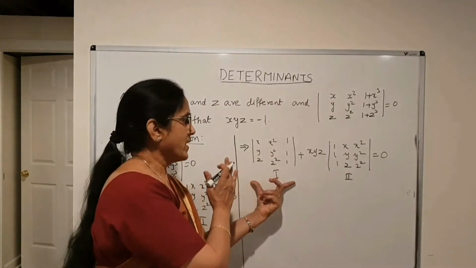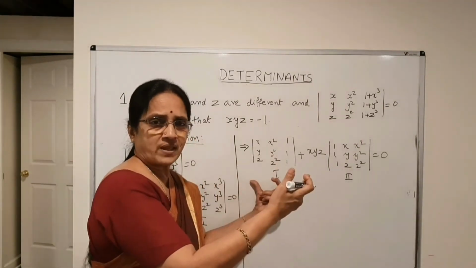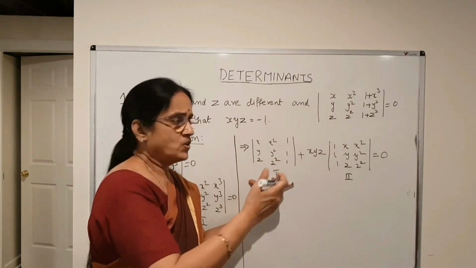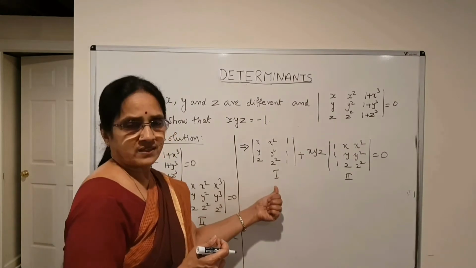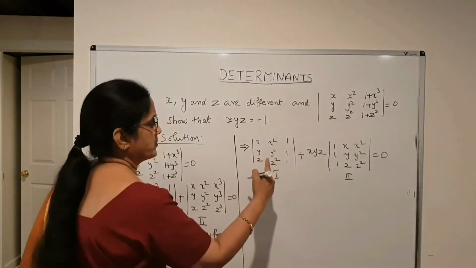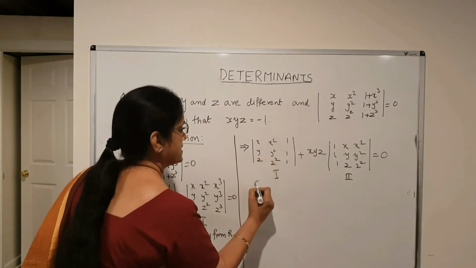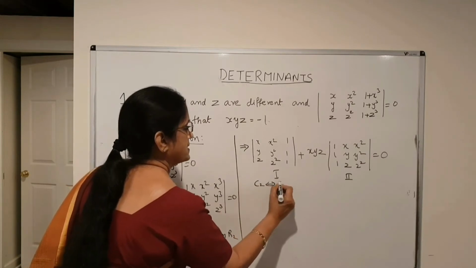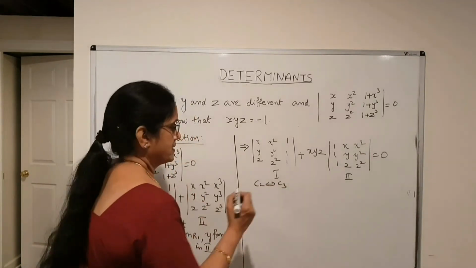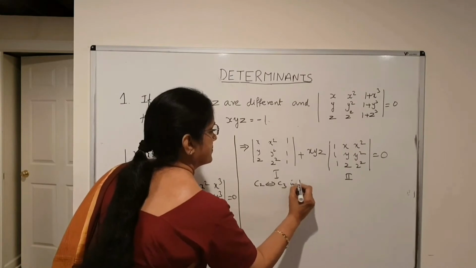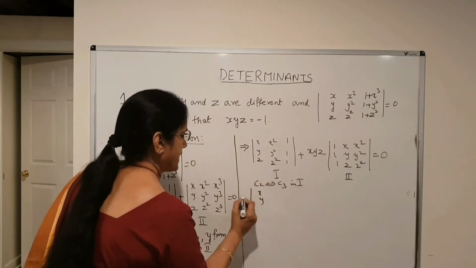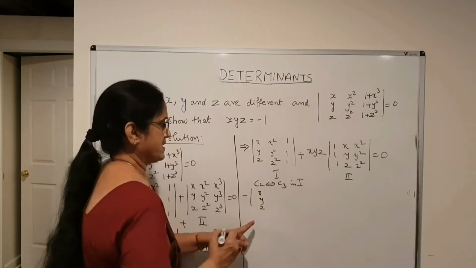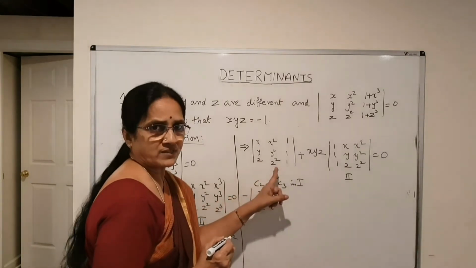If you make one more such change in a column or row, then it becomes positive. That's what I am going to do here in determinant 1. I am going to interchange C2 and C3 in 1. What will happen? Negative of the determinant, because only one shift I am doing.